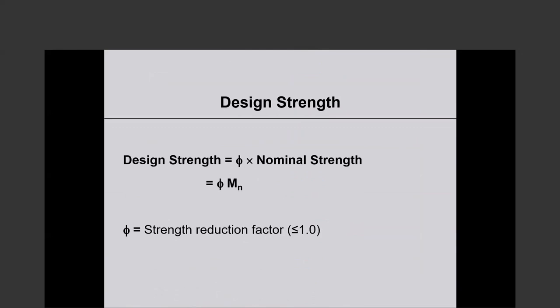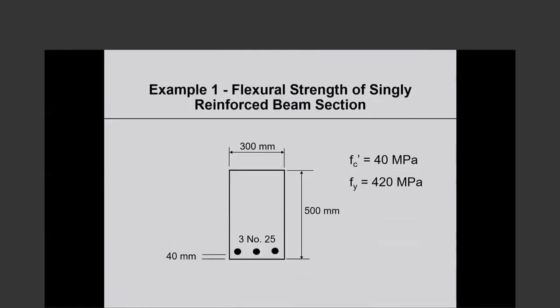Design strength would be phi times the nominal strength, and the phi is going to be 0.9 for tension control sections, or a little bit less than 0.9 for transition sections. Remember, we can have transition flexural sections because epsilon sub t cannot be any less than 0.004, but it can be less than 0.005. This is what we established yesterday.